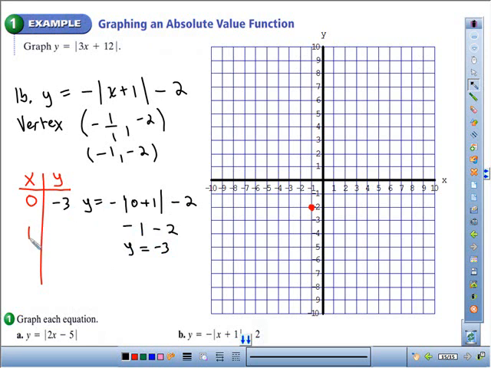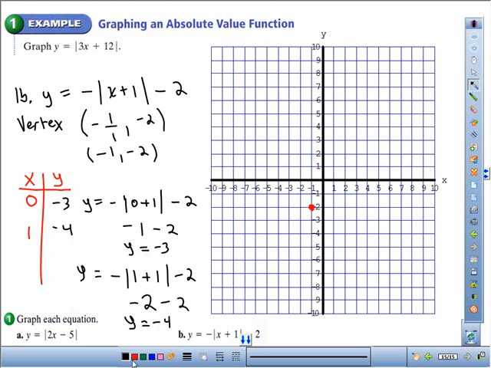Let's plug in 1. So y is equal to negative absolute value of 1 plus 1 minus 2. 1 plus 1 gives you 2. Absolute value of 2 is 2. Then the negative makes this 2 negative. You have minus 2. So y is going to equal -4.